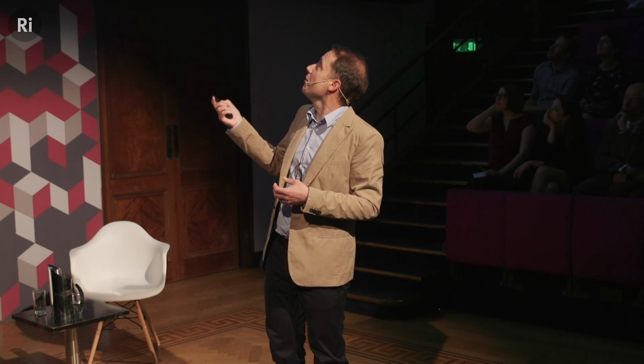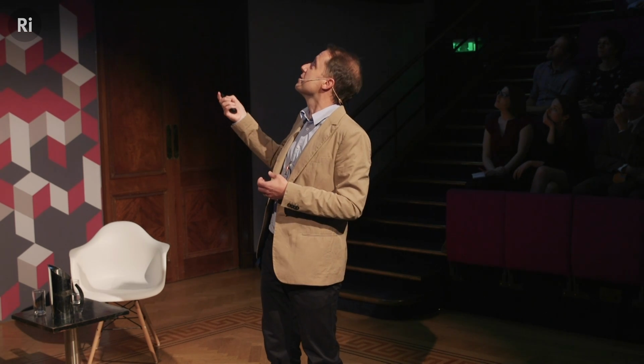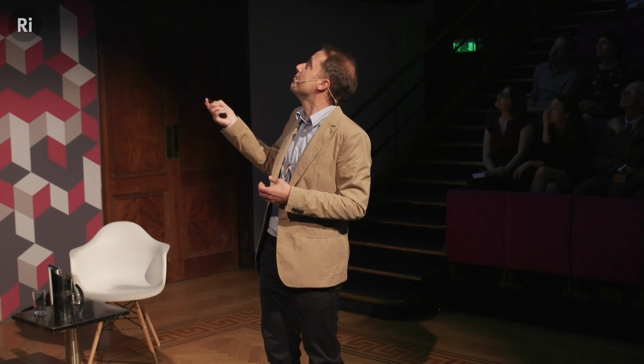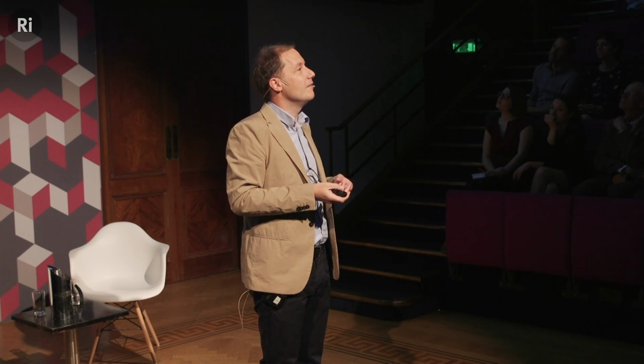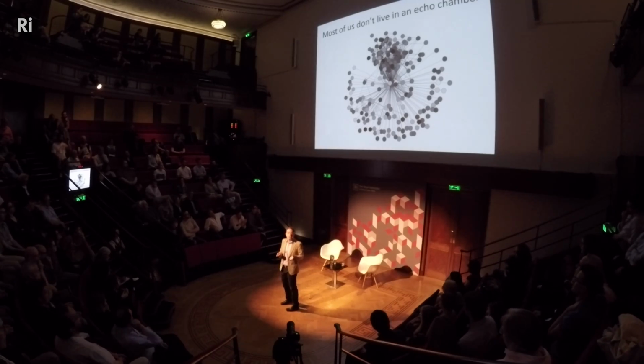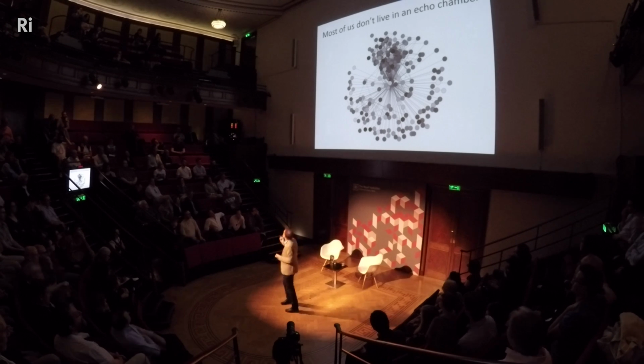But it turns out I've got lots of non-echo chamber connections. I've got connections which go in lots of different directions, and some of those people are quite on the pro-Brexit side of the newspapers that they follow. So there is this opportunity to get in different information. And myself and a student, we did a study. Of course, I can't base a whole scientific theory just on my own Twitter graph.